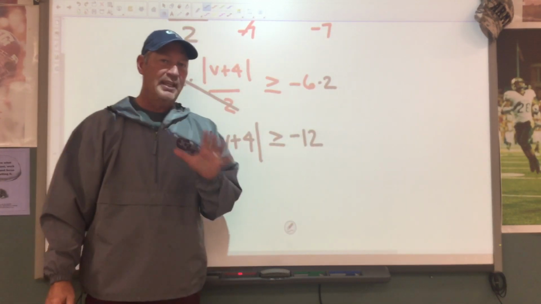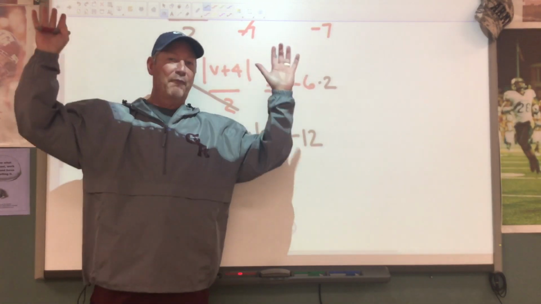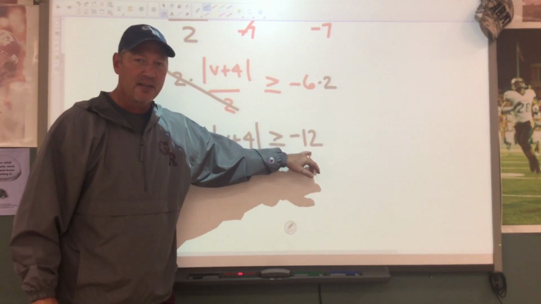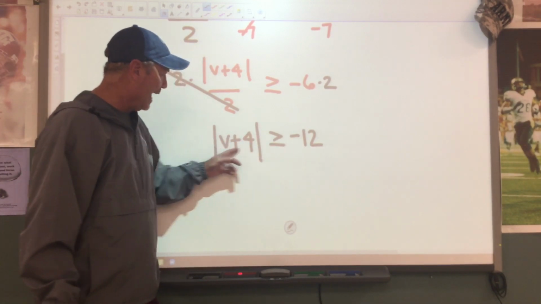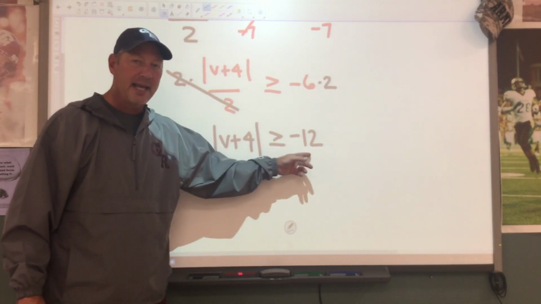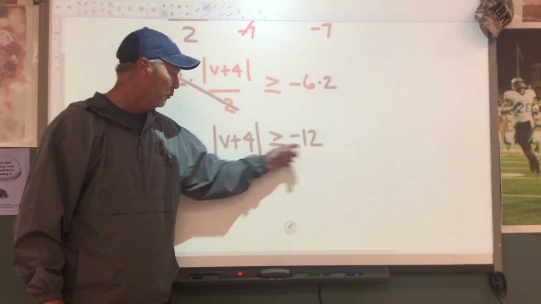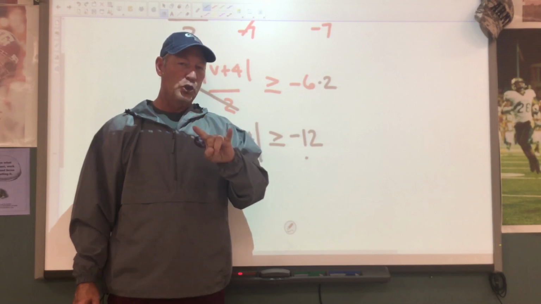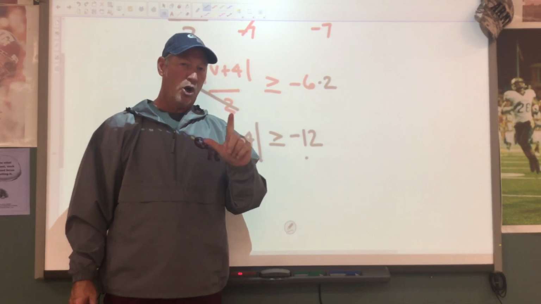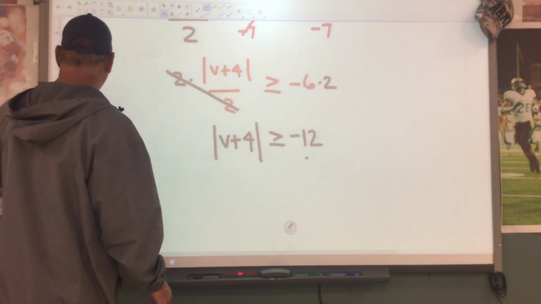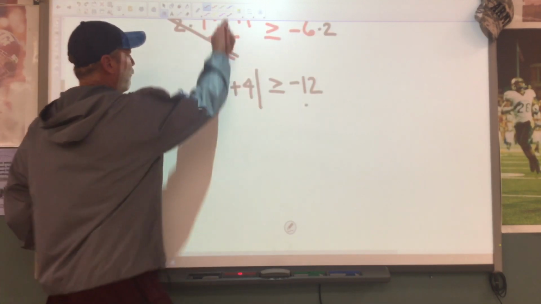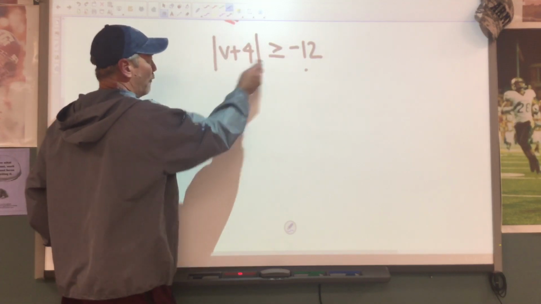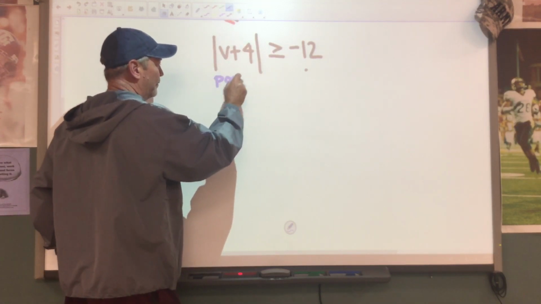Now here's where it needs to get your attention. Some kind of red flag needs to shoot up in the air and say, oh, I have a negative number. When you're dealing with absolute value and you get a negative number over here, when the absolute value is by itself, you get 2 choices. Your 2 choices are no solution or all real numbers. Think about this, okay? We know for a fact that this is going to be positive.